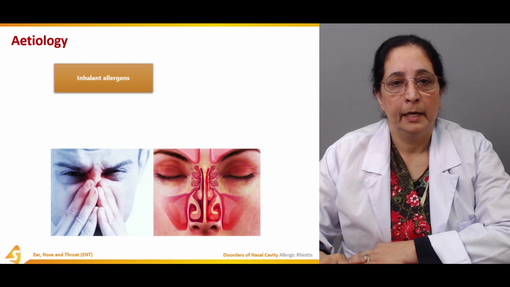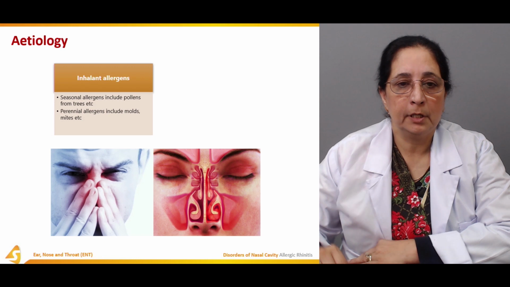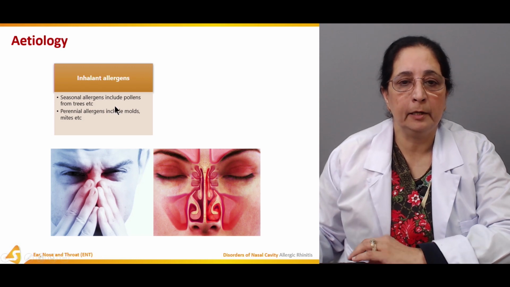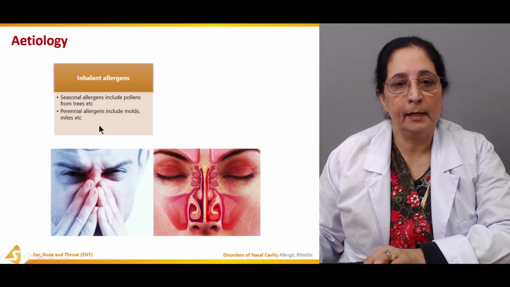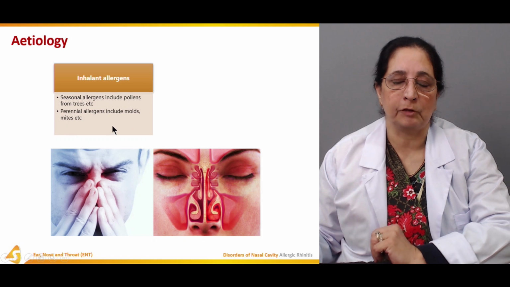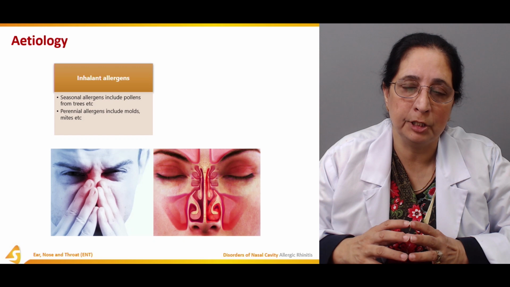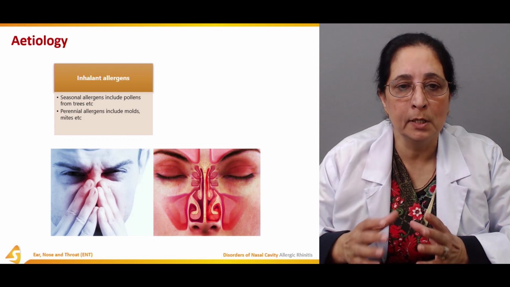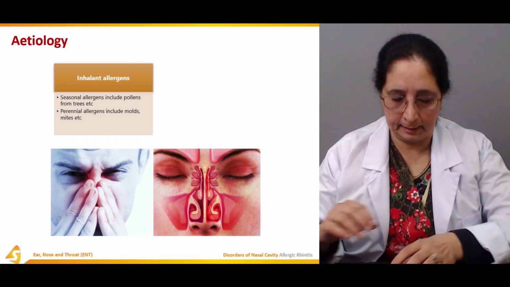Etiology: inhalant allergens, which are seasonal allergens, include the pollens from trees. Perennial allergens include the molds, mites, etc. So pollens are mainly for seasonal allergies, and then the molds and mites are for the perennial allergies.